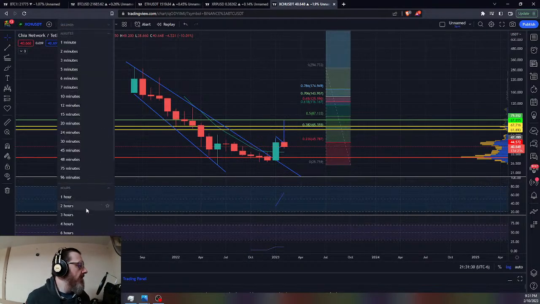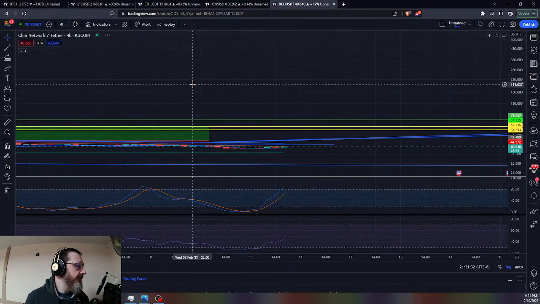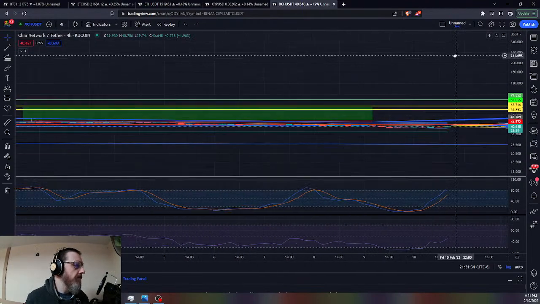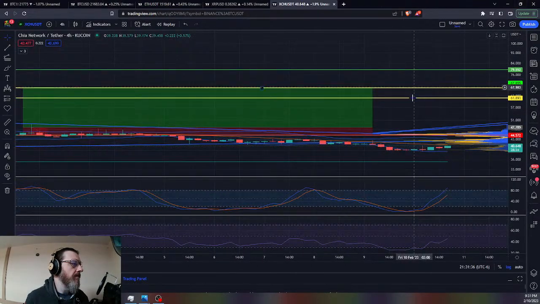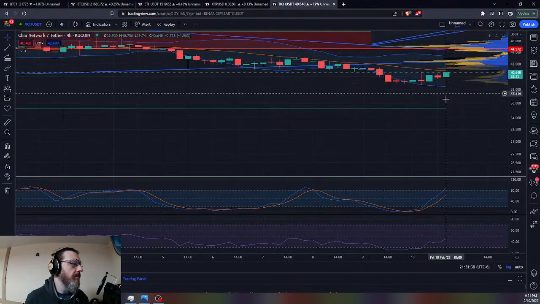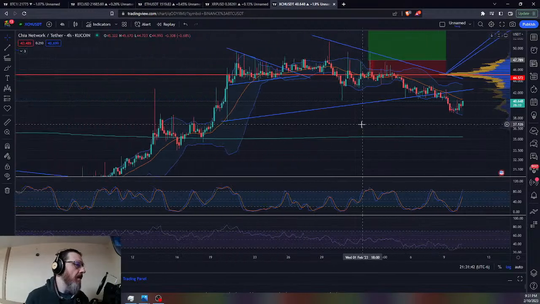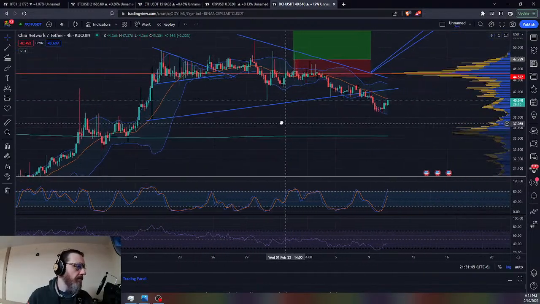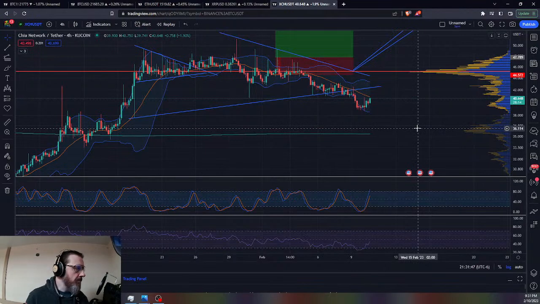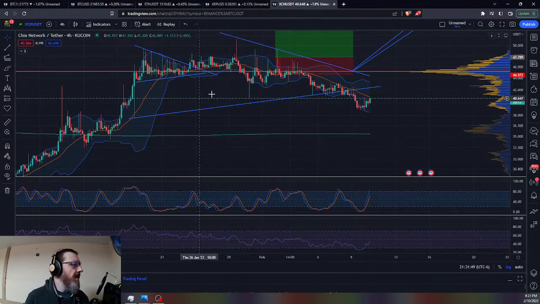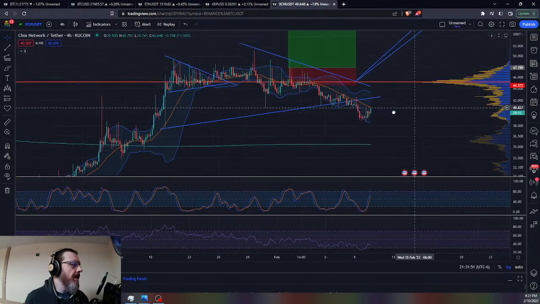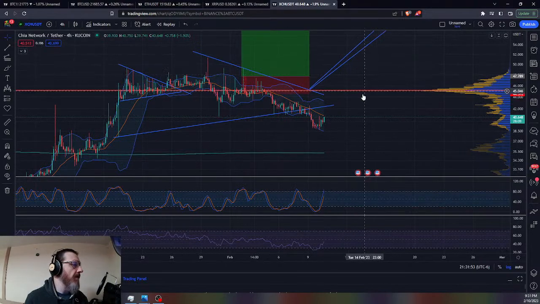So let's see how the dump hit Chia. So we did kind of break out of this pattern here, which I was looking at as a potential symmetrical triangle or continuation pattern.